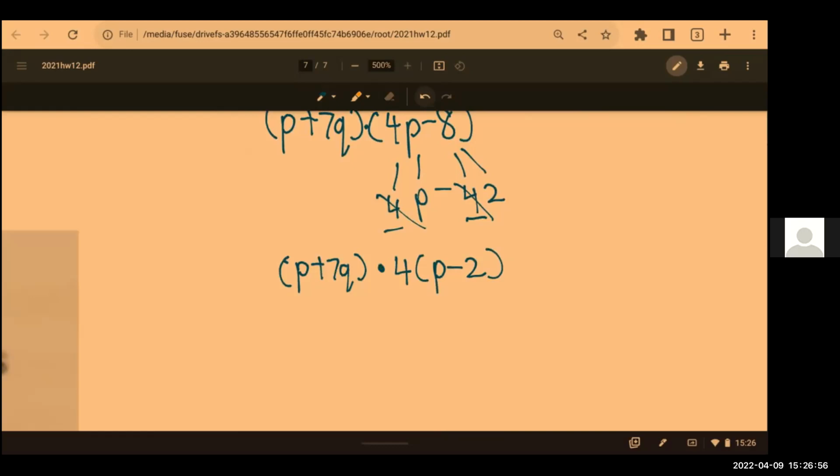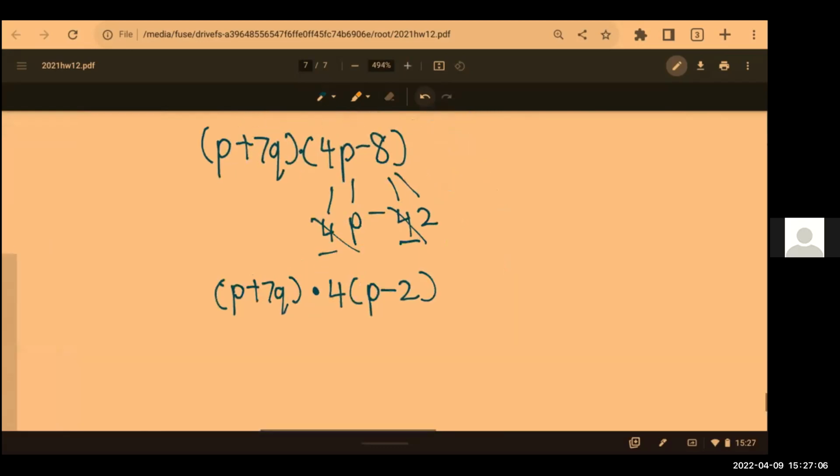Okay, good. So now you have this. Now give yourself an example. A dot 4 dot B. How do you tidy up this A dot 4 dot B?